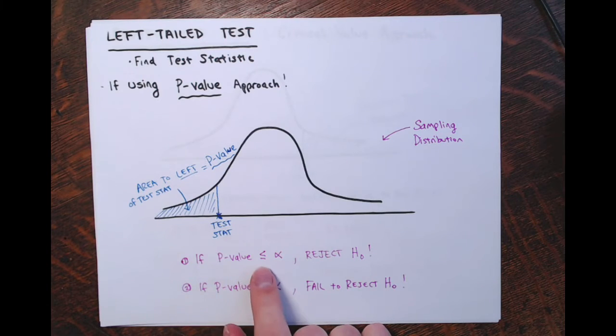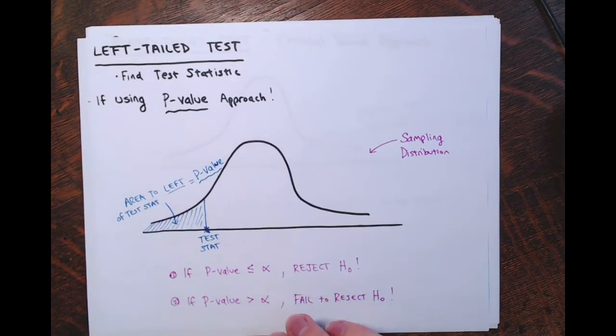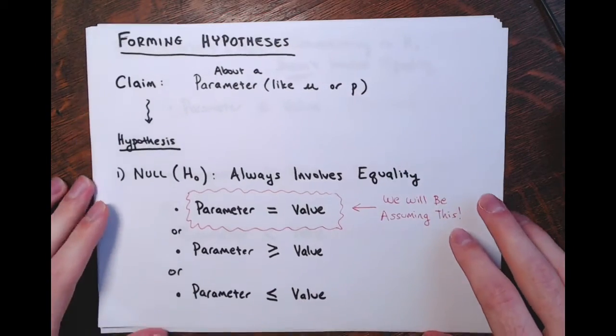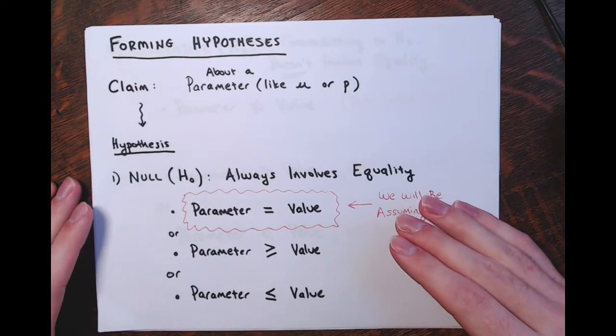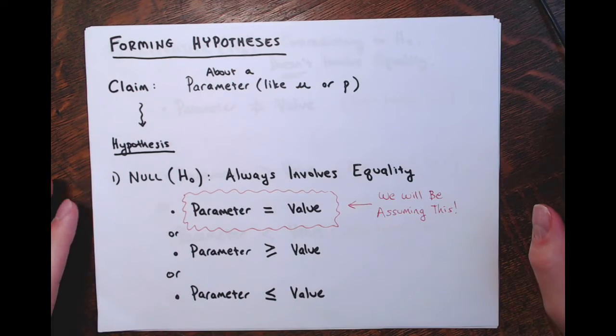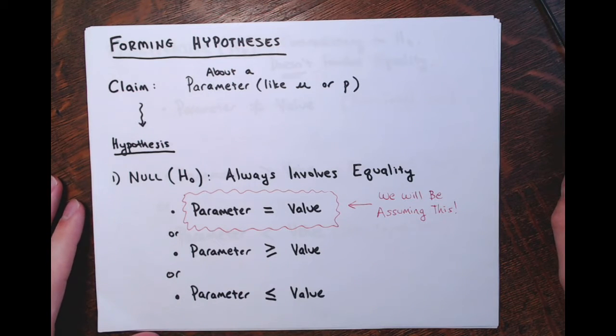If the p-value is less than or equal to alpha, you reject the null. If the p-value is greater than alpha, you don't reject it. I had material for right-tailed and two-tailed tests in my first video. I'm not going to go over that again here because it's not being asked about here. I'll go over that again in another video on an objective related to that.